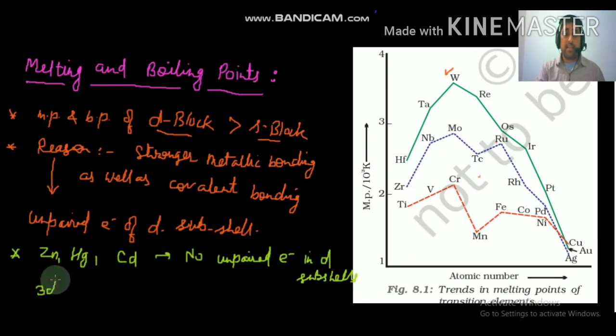They contain 3d10, 4d10 and 5d10. Now d10 configuration is there, so there is no unpaired electron in the d subshells.